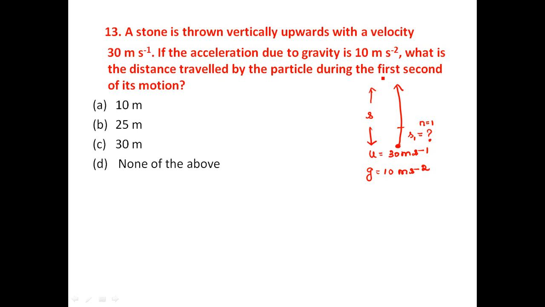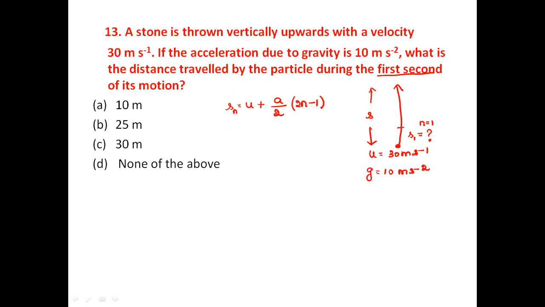Clearly it is told the distance traveled in first second needs to be determined. That is when we have to take n is equal to 1. We have to find s1 is equal to how much, right? What is the equation to find the distance traveled in nth second? We have Sn is equal to u plus a by 2 into (2n minus 1).